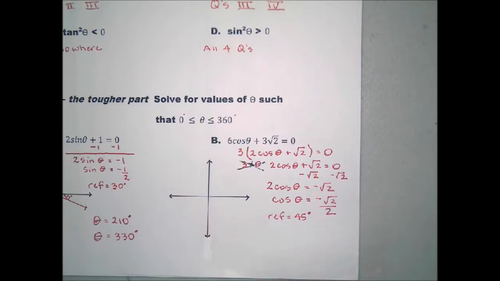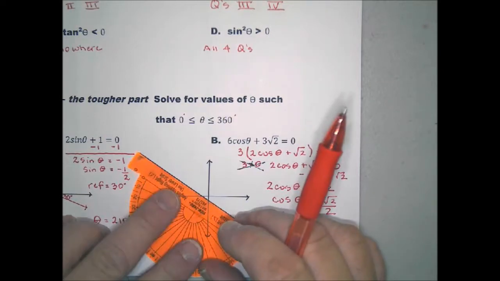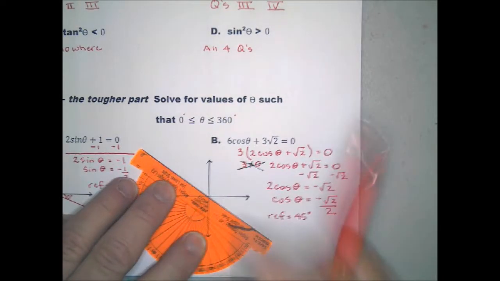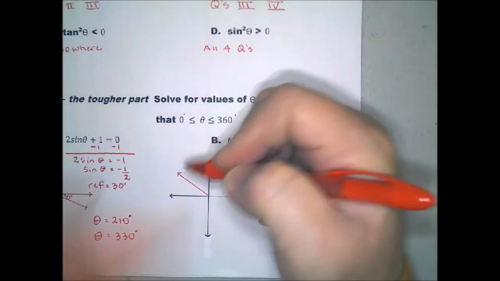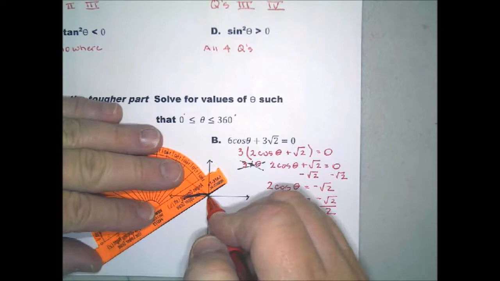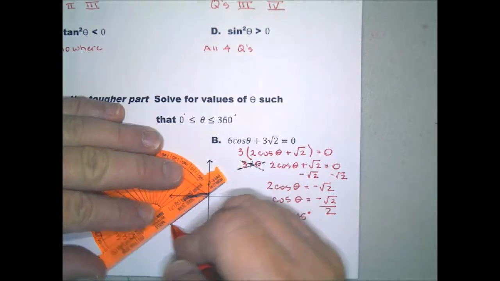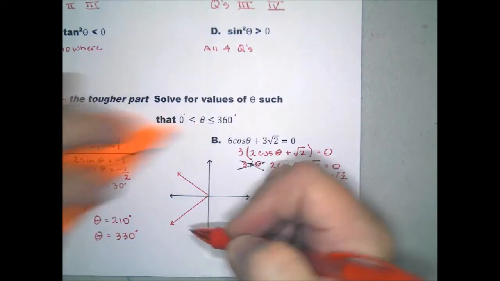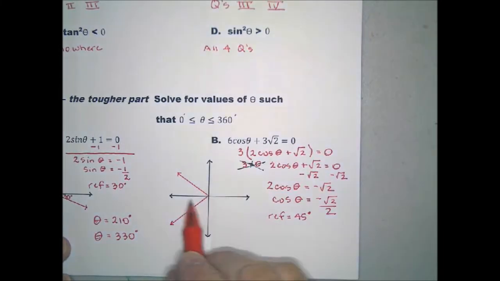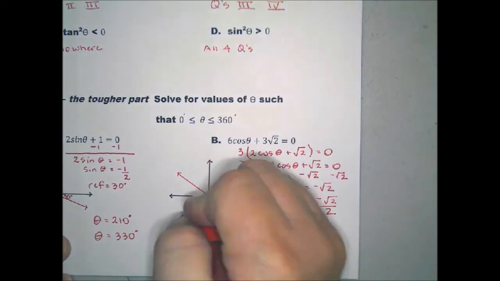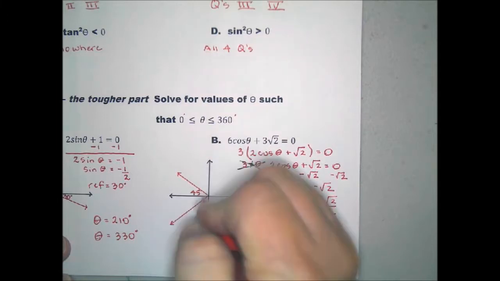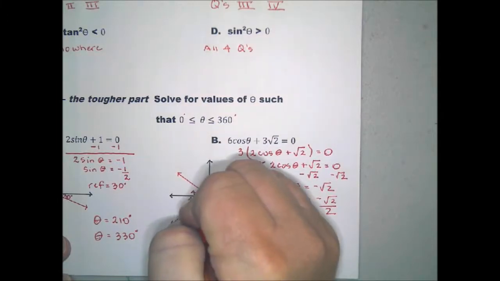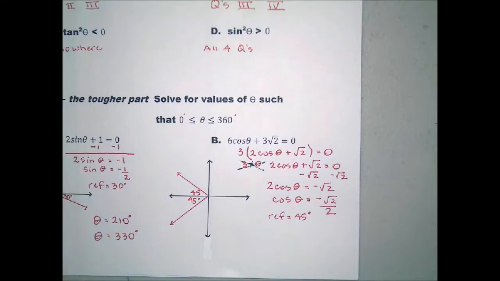So I'm going to do a 45-degree reference angle in those two quadrants, in quadrant 2 and in quadrant 3. Those are my terminating rays. Reference angles are always off the horizontal, so this would be a 45-degree angle right there. That would be a 45-degree angle right there.